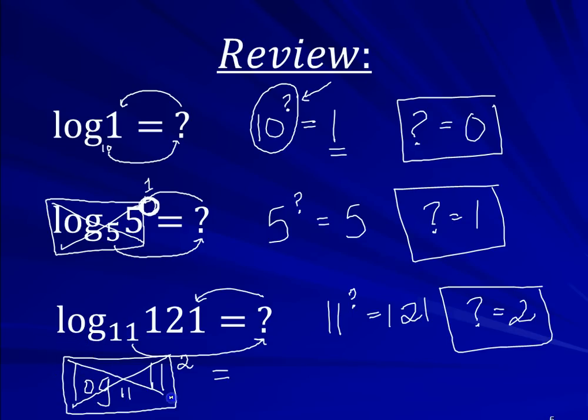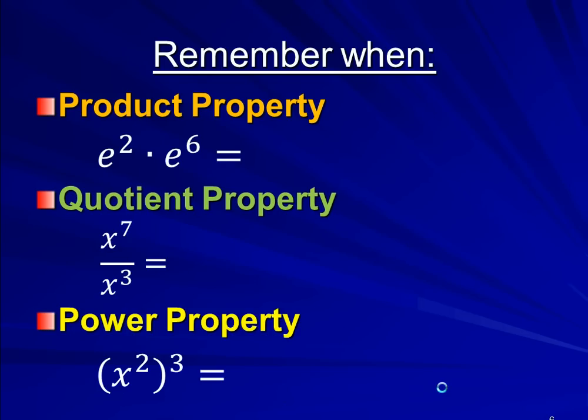They would therefore cancel, leaving my answer as the power of 2. Okay, again, just getting used to these rewrites, getting used to these inverses, getting used to all these new patterns and stuff that we've talked about. Okay, a little review from what we talked about the last couple of days.